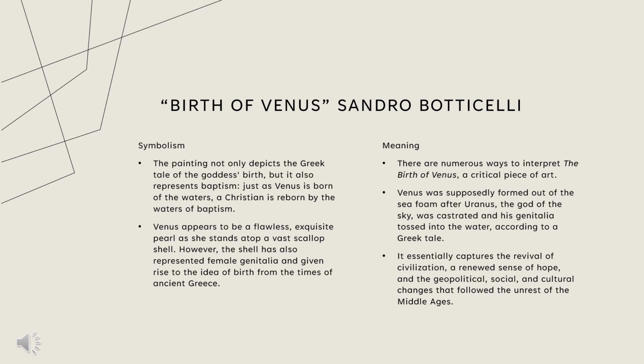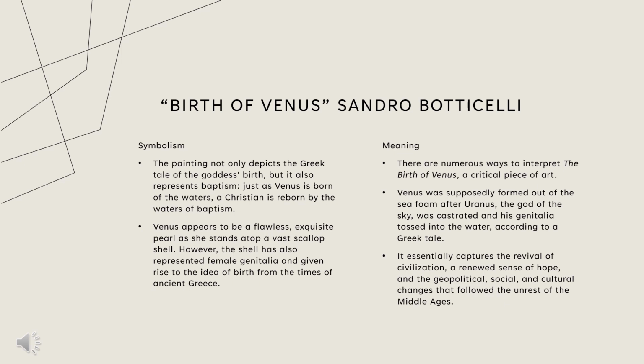So just like Venus was born from the waters, a Christian is reborn by the waters of baptism. Venus appears to be a flawless, exquisite pearl as she stands atop a vast scalloped shell. However, the shell has also represented female genitalia and given rise to the idea of birth from the times of ancient Greece. The shell has also come to represent the Virgin Mary over time.